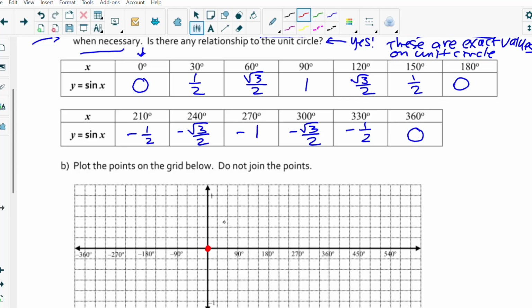So 1/2 is about there. 60 degrees, square root of 3 over 2, roughly right about there. Then 90 degrees I have 1. Then 120 degrees, square root of 3 over 2. And at 150 degrees, 1/2. You can see these values, I think they're repeating, right? 180 degrees, I have 0.